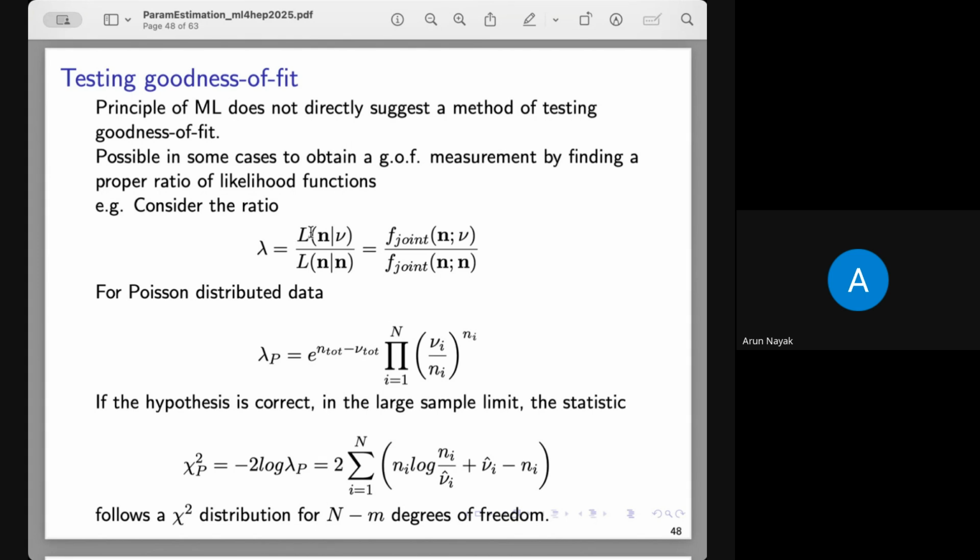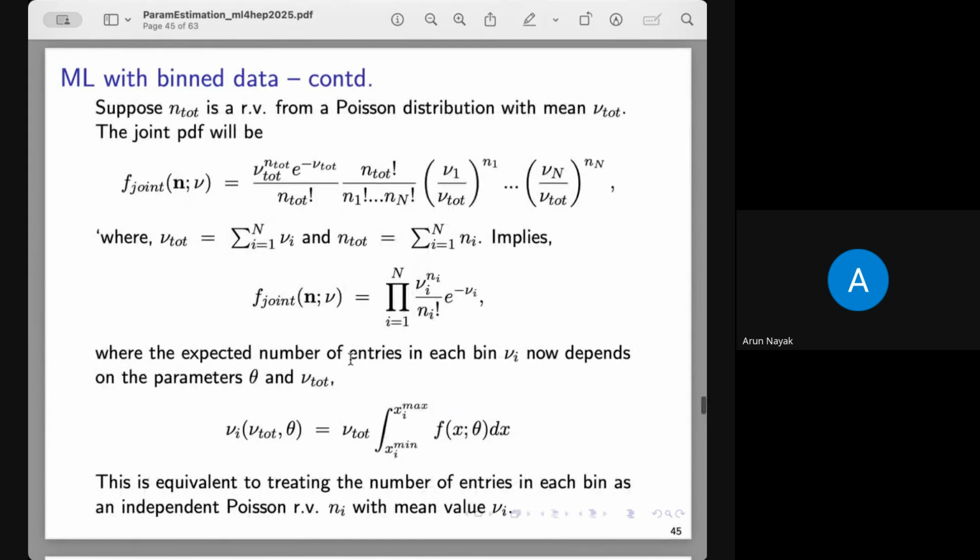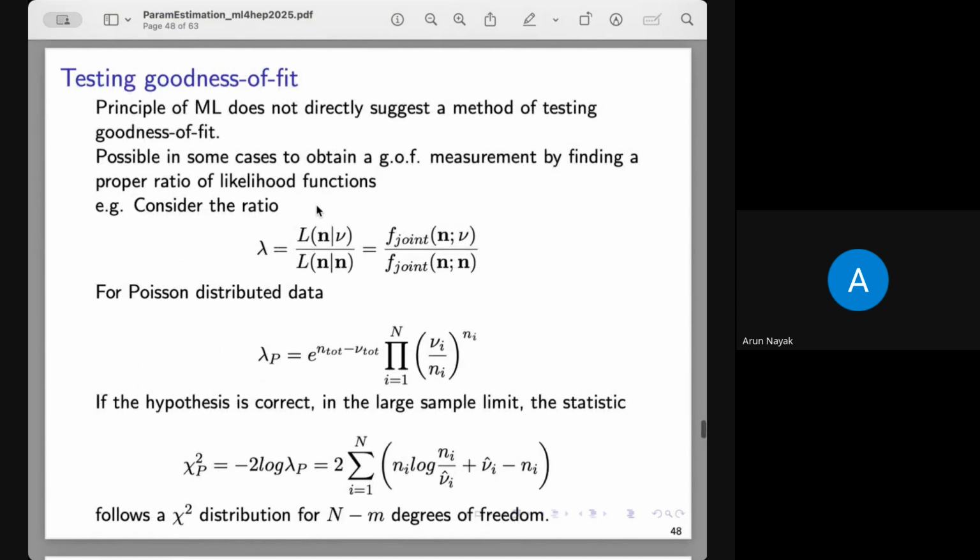It will be the joint probability of getting the n vector given nu over the joint probability of getting n given n. When you take this ratio, some of these terms will cancel out, and what you get is basically this term: exponential of n total minus nu total times the product of nu_i over n_i to the power n_i.